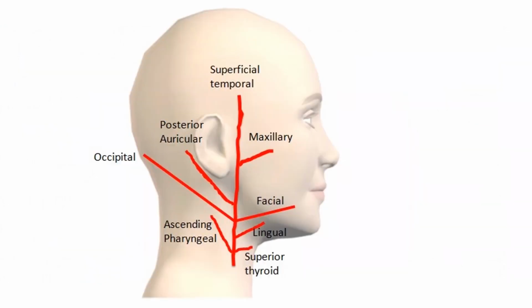This is a lateral view of the neck and the head, and you can see the plan of what artery and what are the branches of this artery.